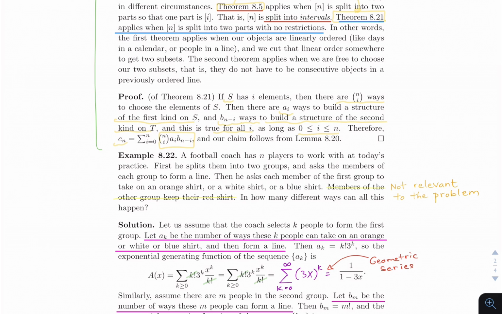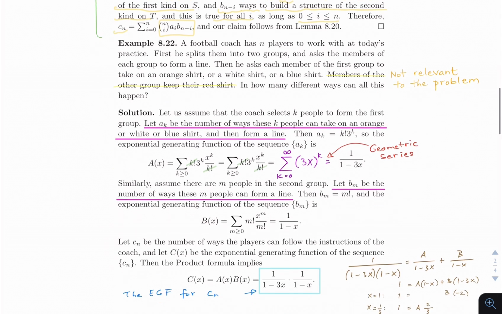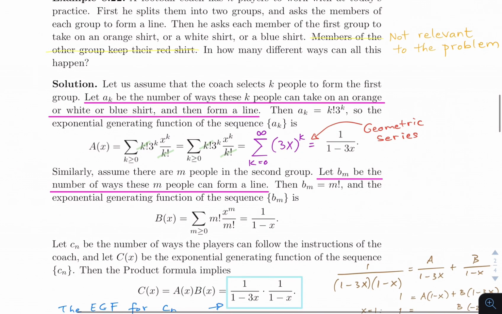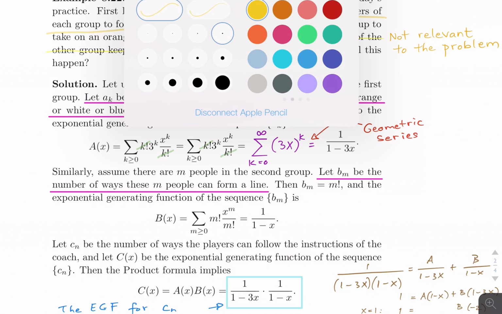All right, so let's apply this formula to a problem. Here I have a football coach who has n players to work with at today's practice, and the coach splits the players into 2 groups, and then asks the members of each group to form a line.